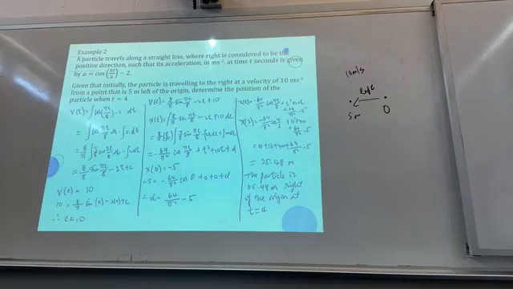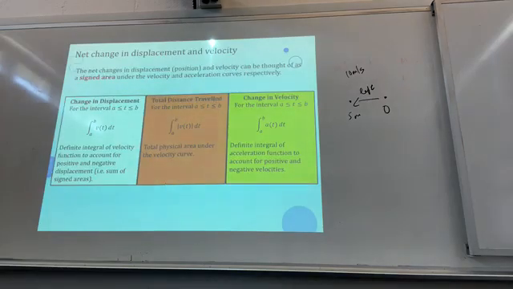Alright, these are all pretty much using your idea of initial value problem. Next thing we're going to look at is the distance traveled and/or the displacement. Now here, think about net change or the total change.